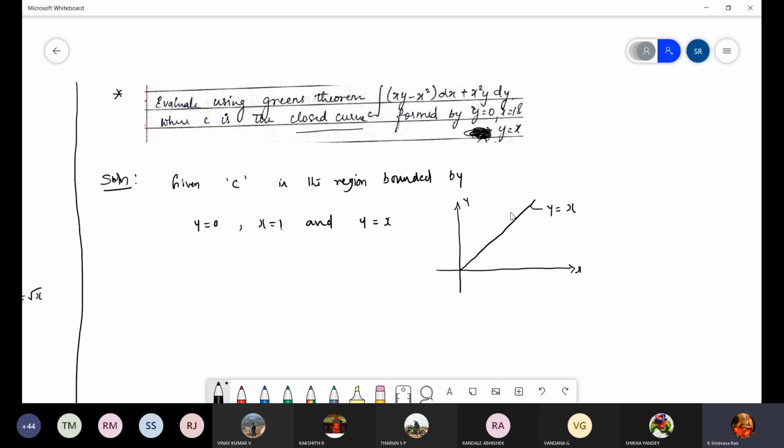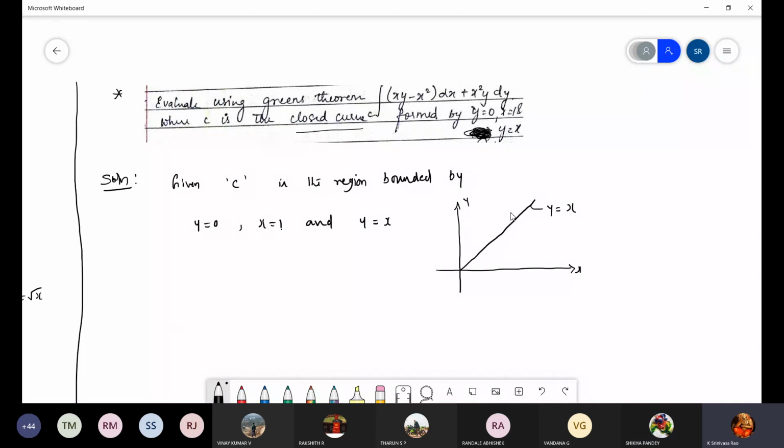What is x equal to 1? It is a straight line parallel to which axis? You should use the word parallel. The y-axis, very good.